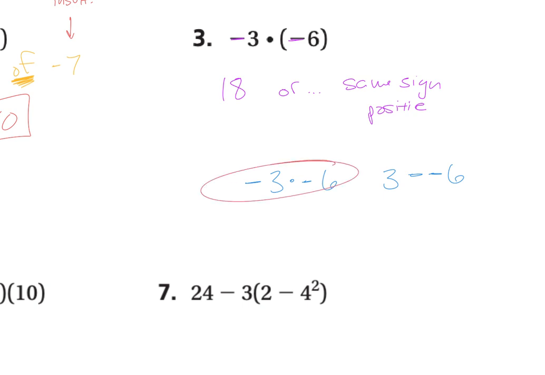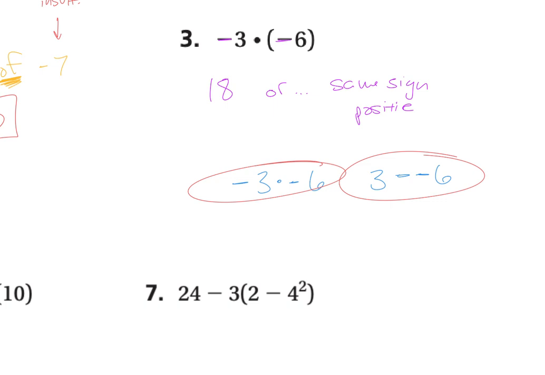This is 2 negatives make a positive in multiplication. This is 2 negatives make a positive in subtraction. Because look, it's like we're removing -6, and that's like adding 6. So both of those would be positive. I've seen students do this, -3 minus 6, and then they say, oh, that's a negative and negative. Nope, that is not what that is doing.